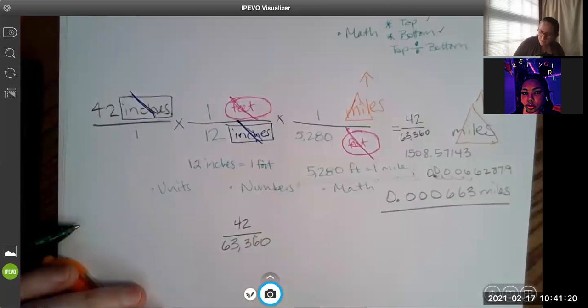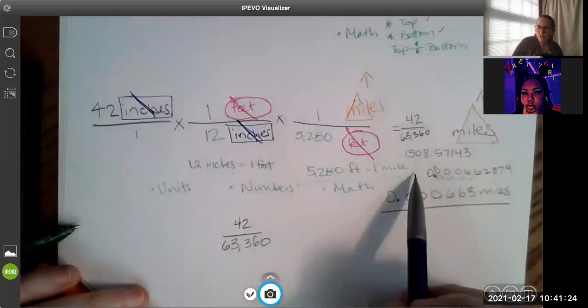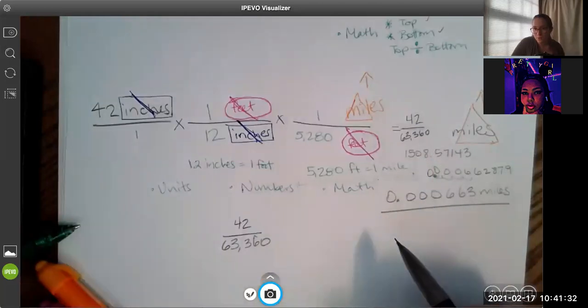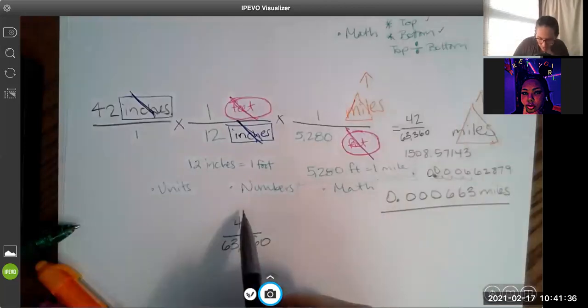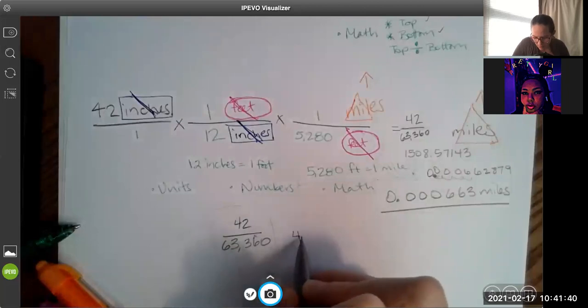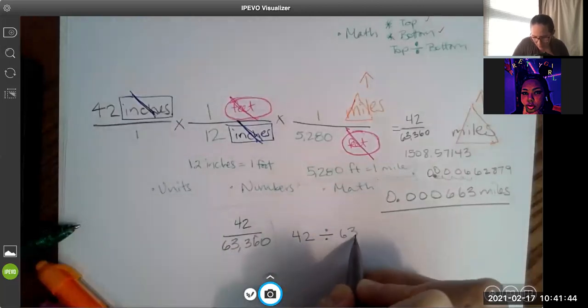Nice. Do you see the difference between these two numbers? Yes. One is bigger, one is smaller. When you've got this here, the top divided by the bottom means the number on top divided by the number on the bottom.